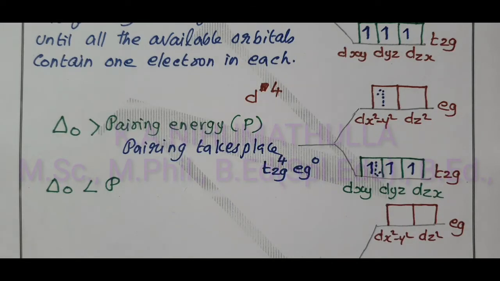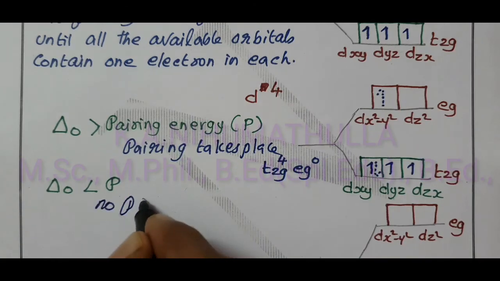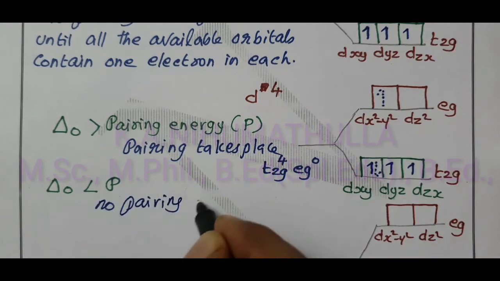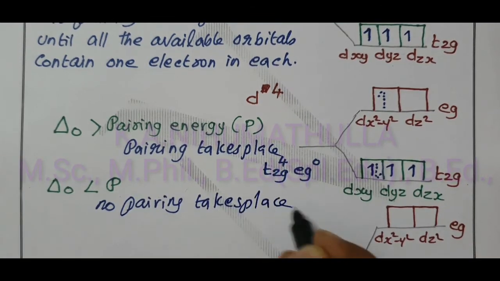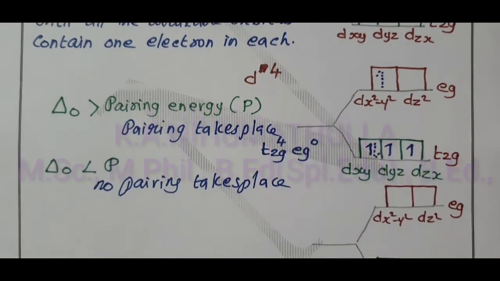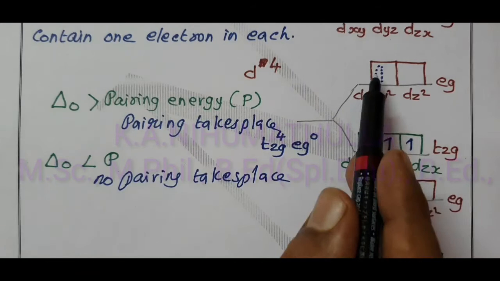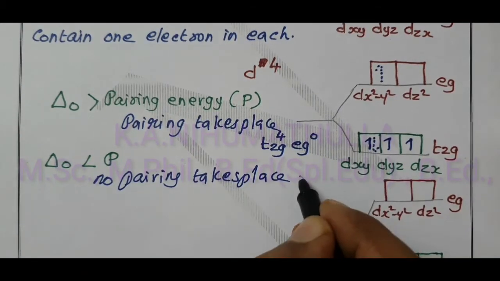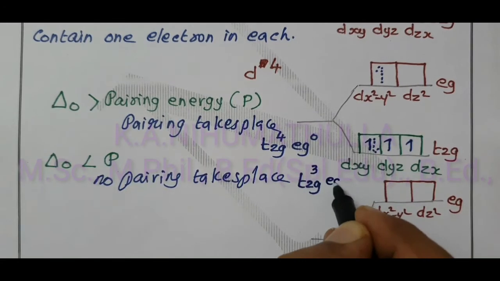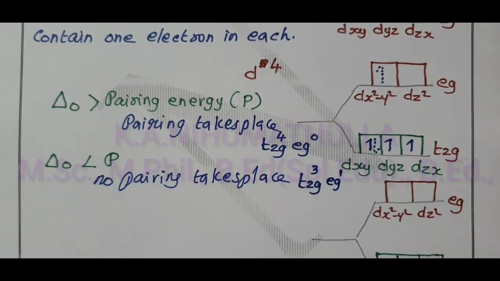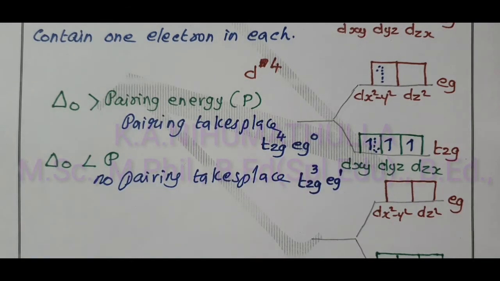That means no pairing takes place. If no pairing takes place, the fourth electron occupies eg. Therefore, the electronic configuration is t2g3 eg1.